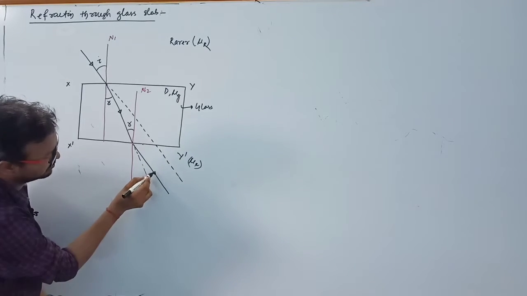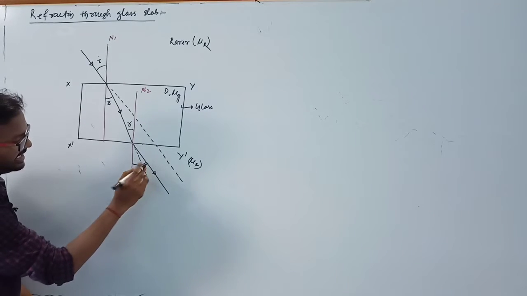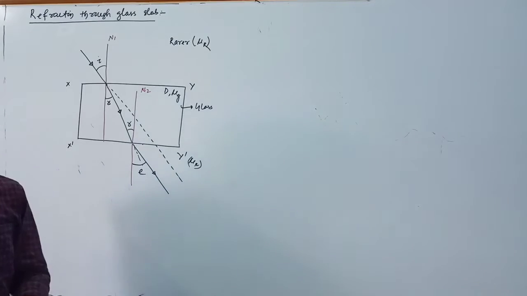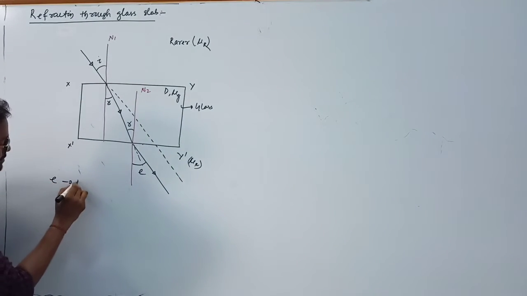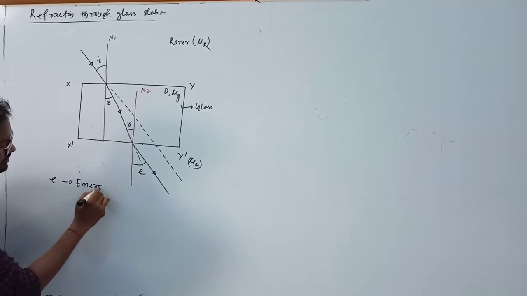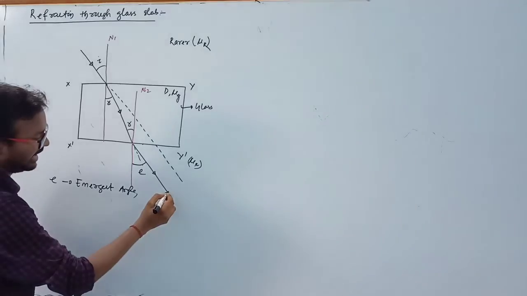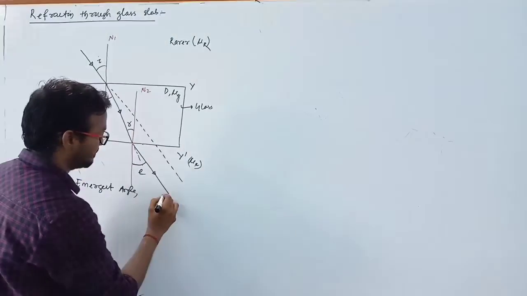Clear? And this angle is known as emergent angle, and it is represented by E. What is E? E means emergent angle, and this ray is known as emergent ray.